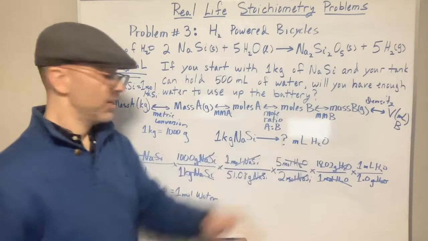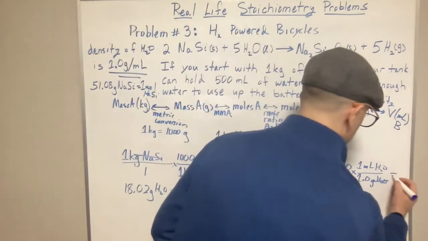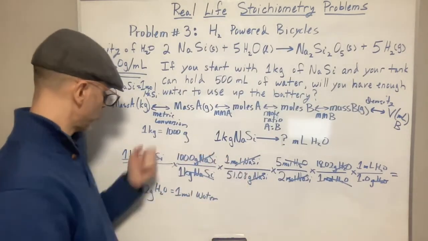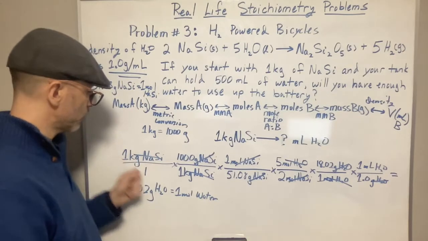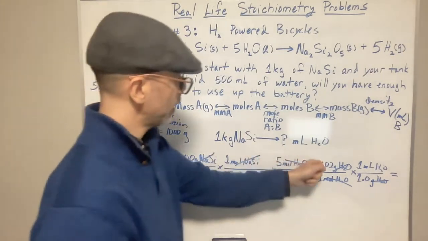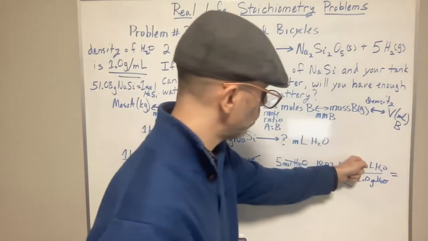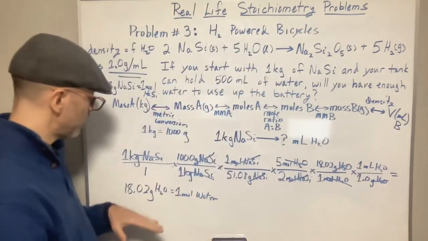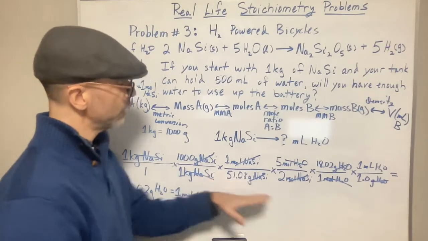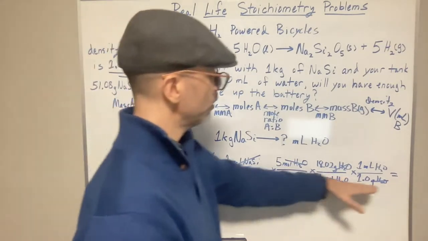So we're done. Now all you need to do is multiply by everything on the top on your calculator: 1 kilogram times 1,000 times 1 times 5 times 18.02 times 1, and then divide by everything on the bottom. Divided by 1, divided by 1, divided by 51.08, divided by 2, divided by 1, divided by 1.